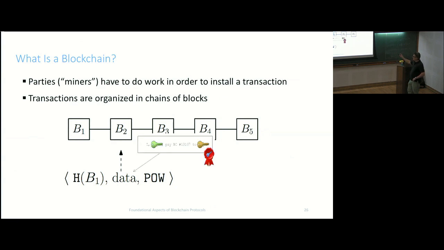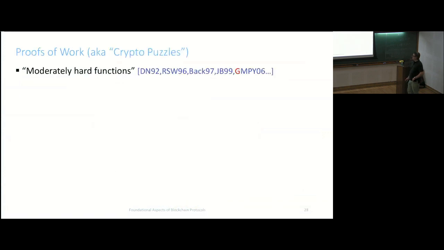The data will be the type of transactions that we saw earlier. This is called proof of work, also known as a crypto puzzle, which goes back to the notion introduced by Dwork and Naor called moderately hard functions. There are other works that followed up.